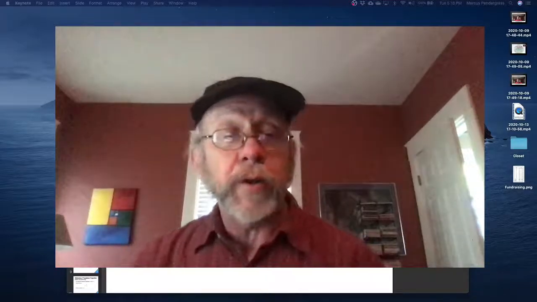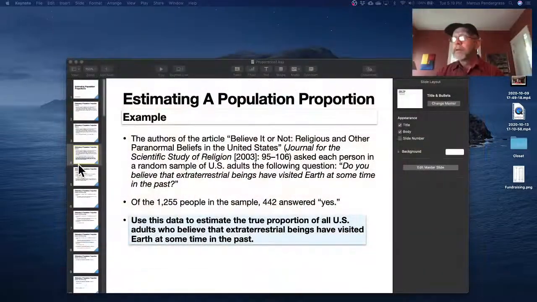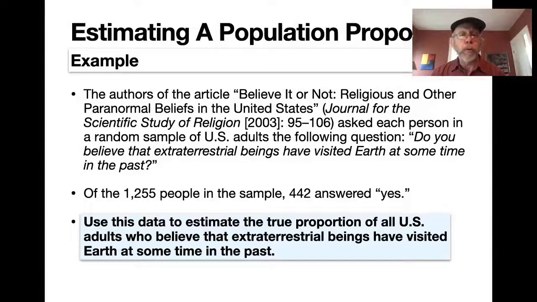Now, one could argue, getting back to our slide here, that it's one thing to say that life is possible on other worlds. It's quite another to say that you believe that extraterrestrial beings have visited Earth at some time in the past. That is certainly an extraordinary claim, and as we've discussed before, extraordinary claims do require extraordinary evidence.